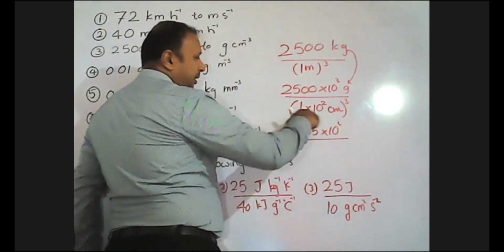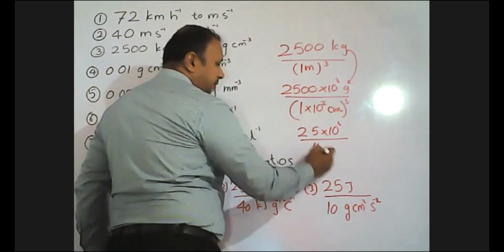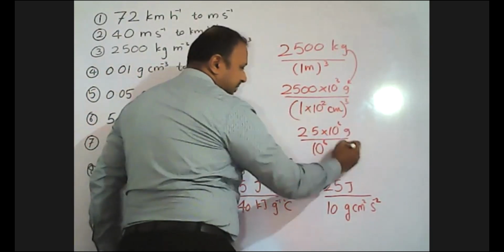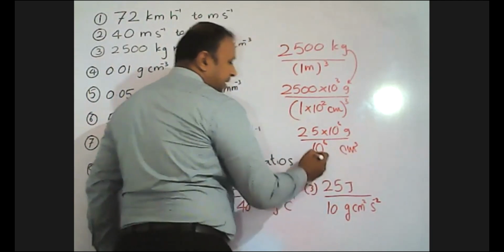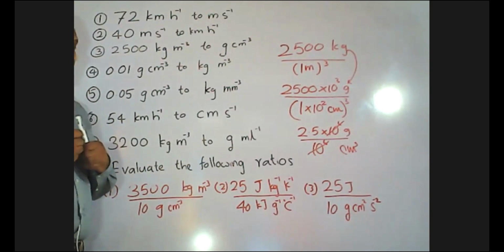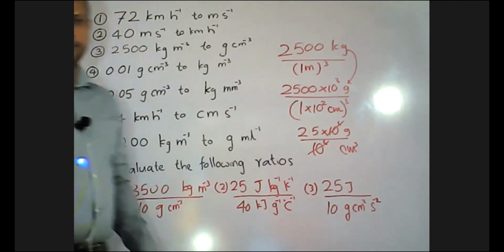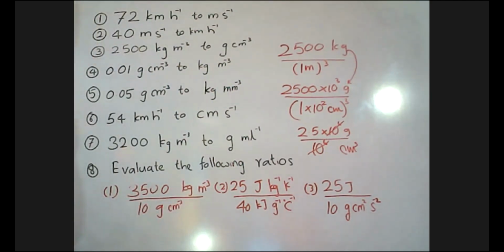Then again 10 to the power 2 into 3, 10 to the power 6 again. Then we can cancel out these two. That means my answer is 2.5 gram per centimeter cube. Do you get my point? Yes, sir. Okay, thank you.